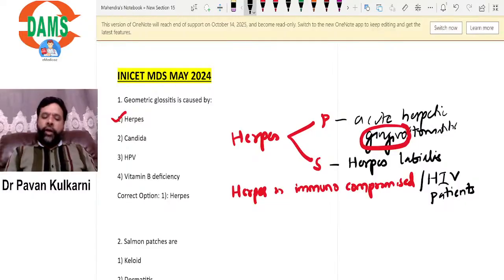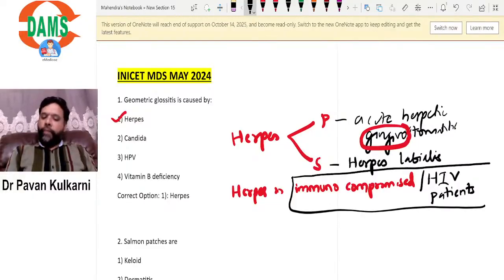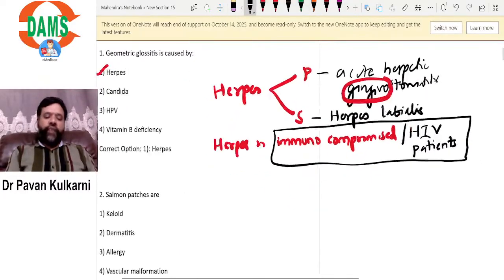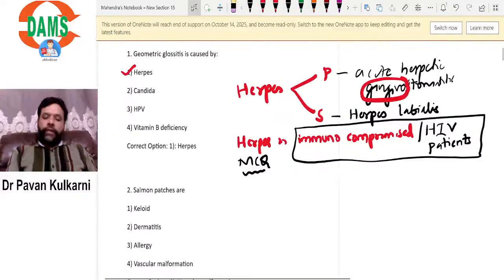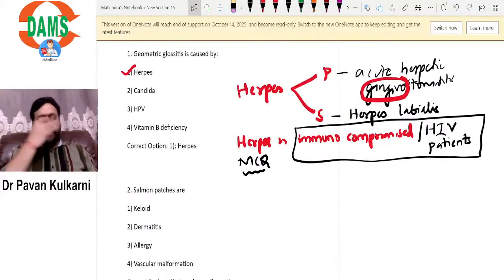So geometric glossitis means you have to think of immunocompromised state or HIV positive patients. This is a very important MCQ that has been previously asked many times. So this is what you are supposed to remember about herpes.